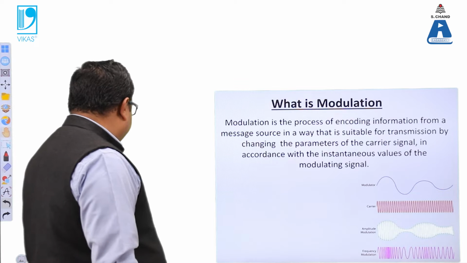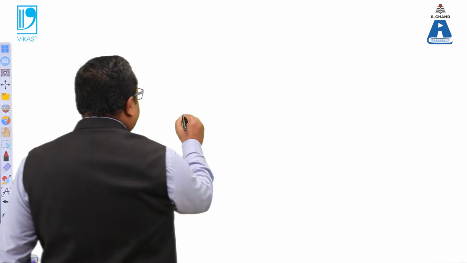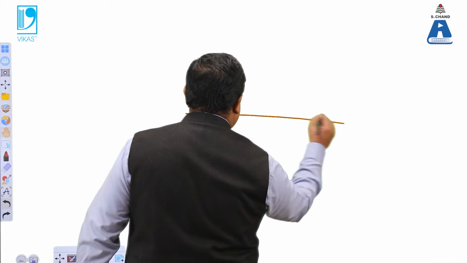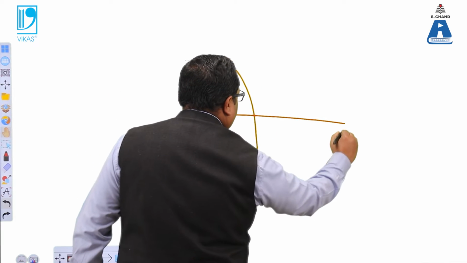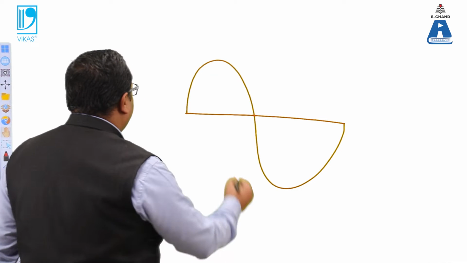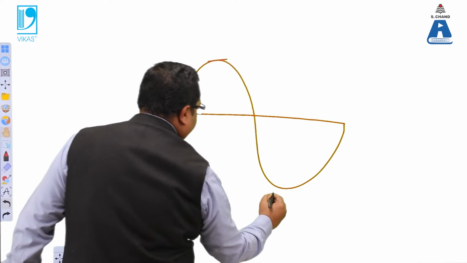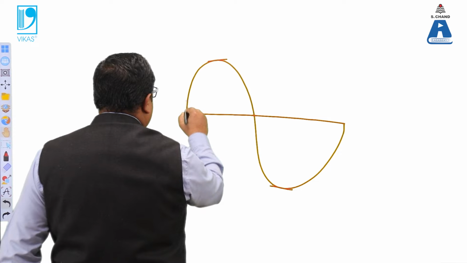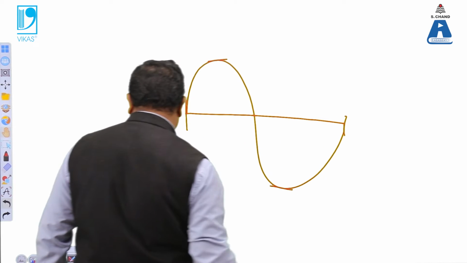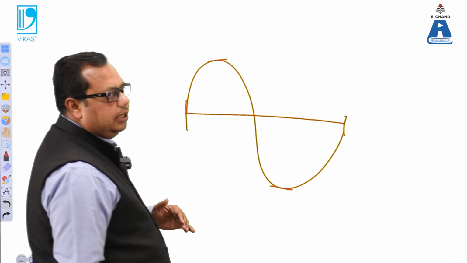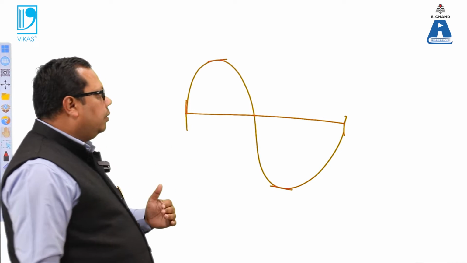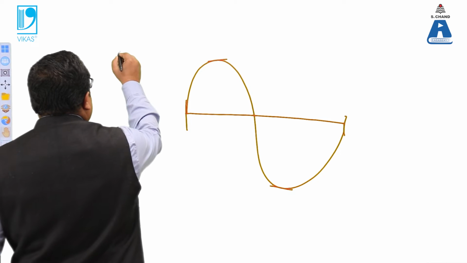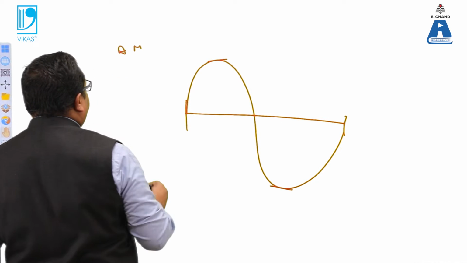If you see the particular wave here, we know that this is the amplitude and this is the frequency. When the modulation is happening in the amplitude of the particular signal, we say that it is amplitude modulation.